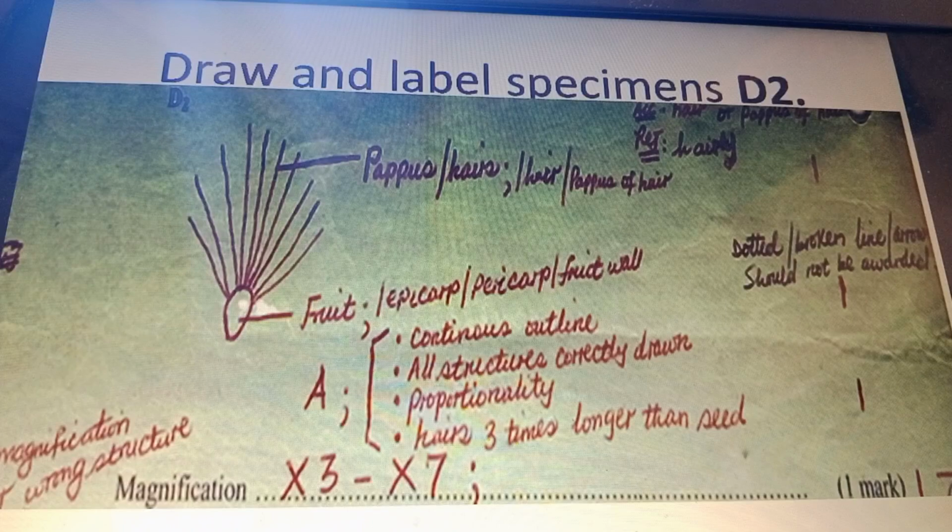Dotted broken line arrow should not be awarded. At the corner there, the black tells you we are not going to accept dotted or broken line arrow. Fine.